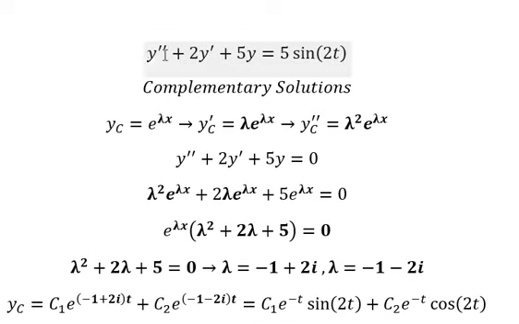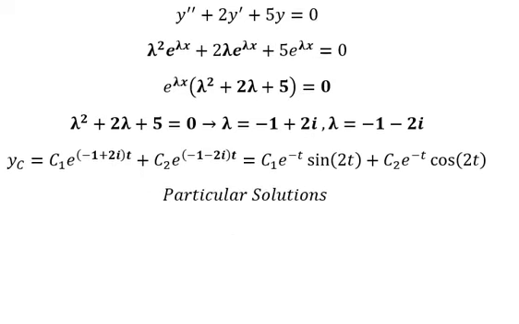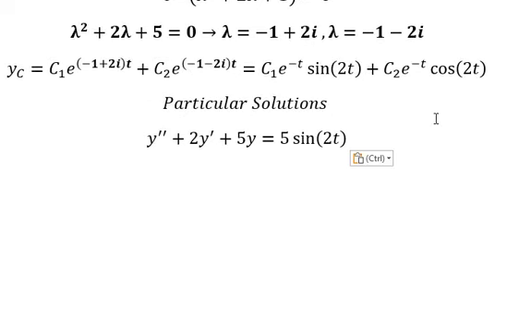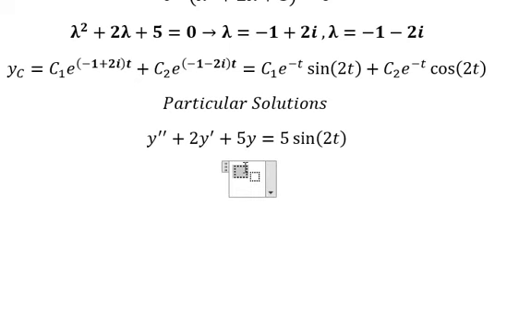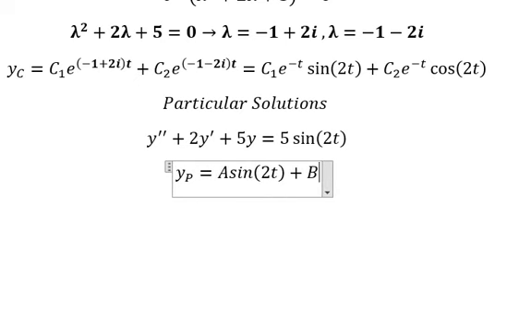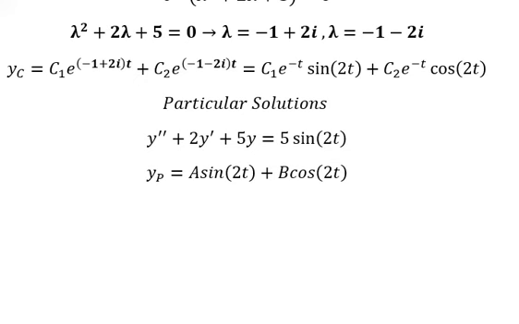Now we go back in here. So we have 5 sine 2t. So we need to put yb equals a sine 2t plus b cosine 2t.